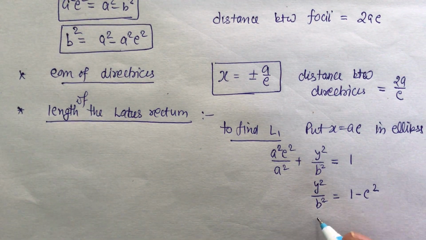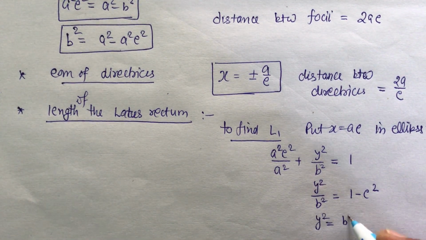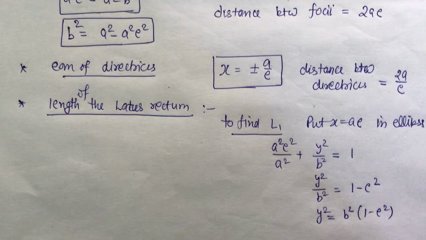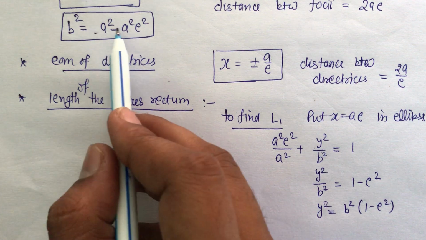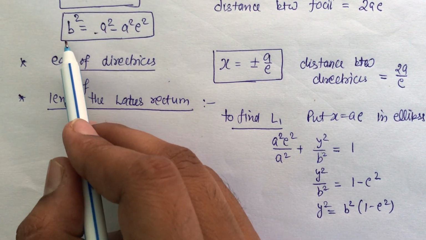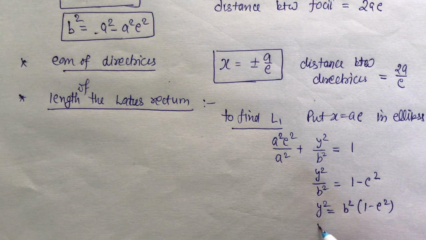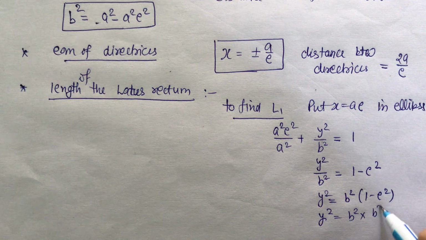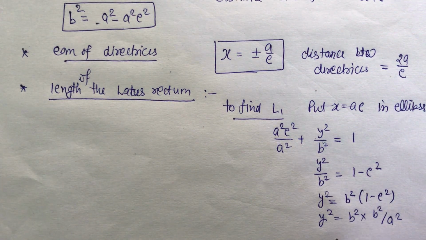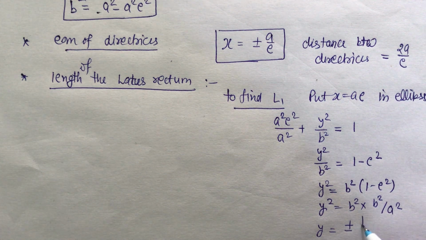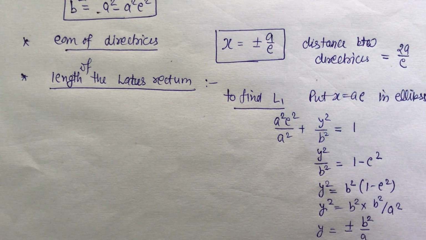So basically y square is equal to b square into (1 minus e square). If you see from here, 1 minus e square will be b square upon a square. So y square is equal to b square into b square upon a square, and y is coming out to be plus minus b square upon a.